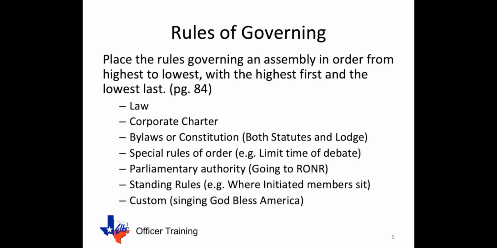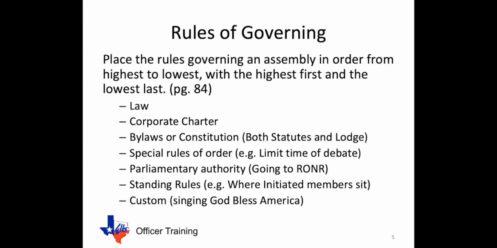And then of course we have bylaws for the lodge. And then we have special rules of order, like limiting the time of debate, which we'll talk a little bit about later. Parliamentary authority, that's actually going into the very thick Robert's Rules of Order Newly Revised book, because that's the authority for parliamentary procedure.